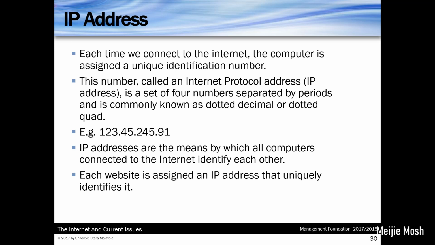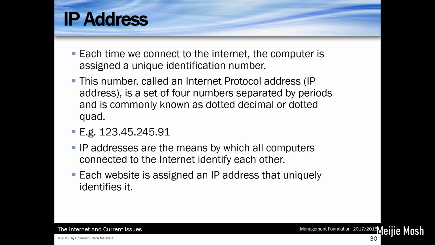Every time we connect to the internet, the computer is assigned a unique identification number, and this number is called an internet protocol address or IP address. An IP address is a set of 4 numbers separated by periods and is commonly known as dotted decimal or dotted quad.